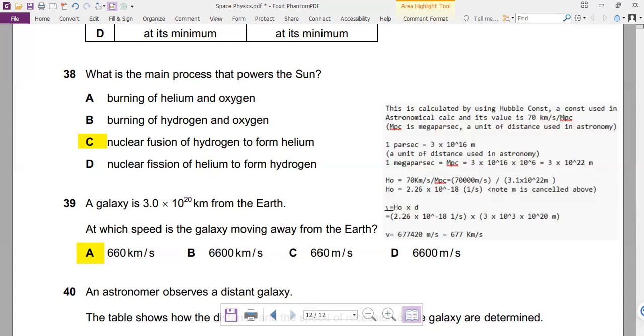The speed of the galaxy will be calculated by V equals H naught times D. Hubble's constant multiplies the distance of the galaxy from Earth. Hubble's constant calculated here, substituted here, multiply by the distance given here, converted into meters because all the above calculation is in meters. We get this answer in meters per second, convert it into kilometers, and this is the answer closest to this one.